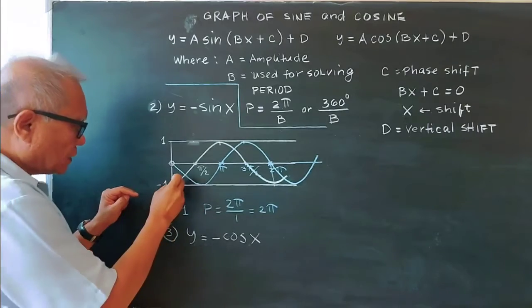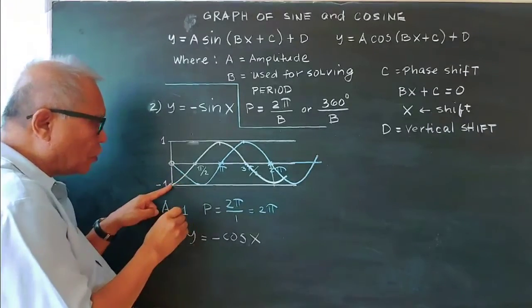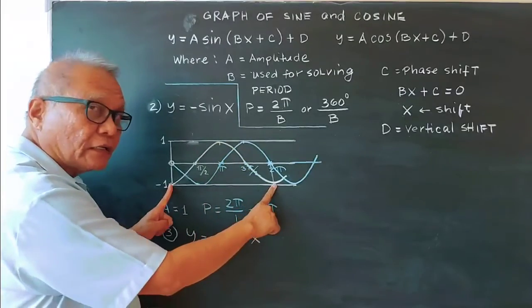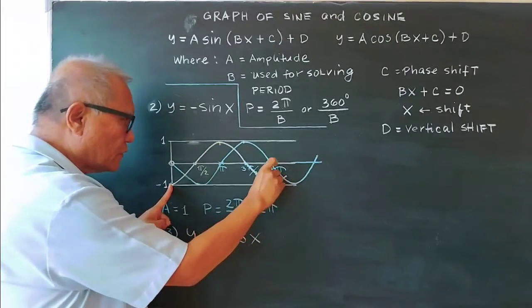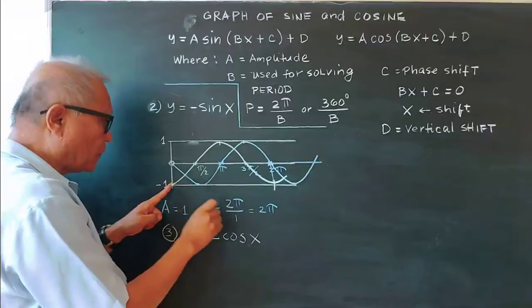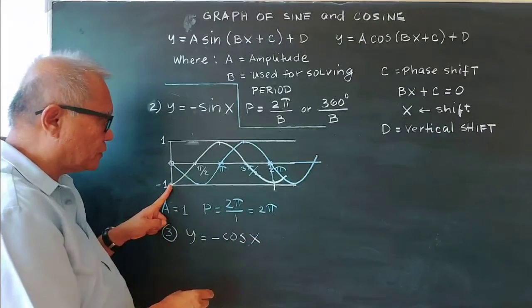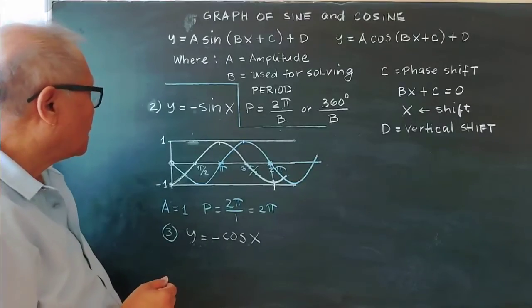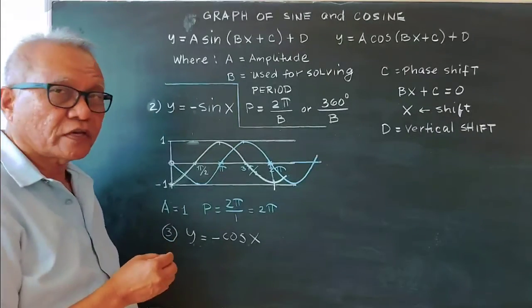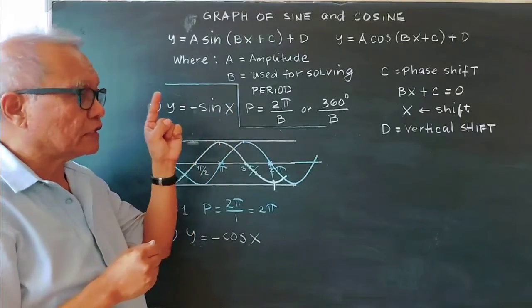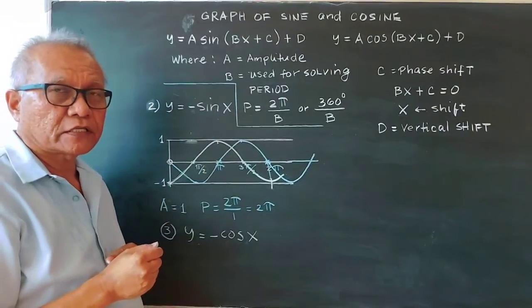So we can see that this one is the trough, the lowest point, and then we have the other lowest point here. So from trough to trough, from lowest to lowest, we have our period. And after this one, we're going to have the phase shift and the vertical shift in our next video.